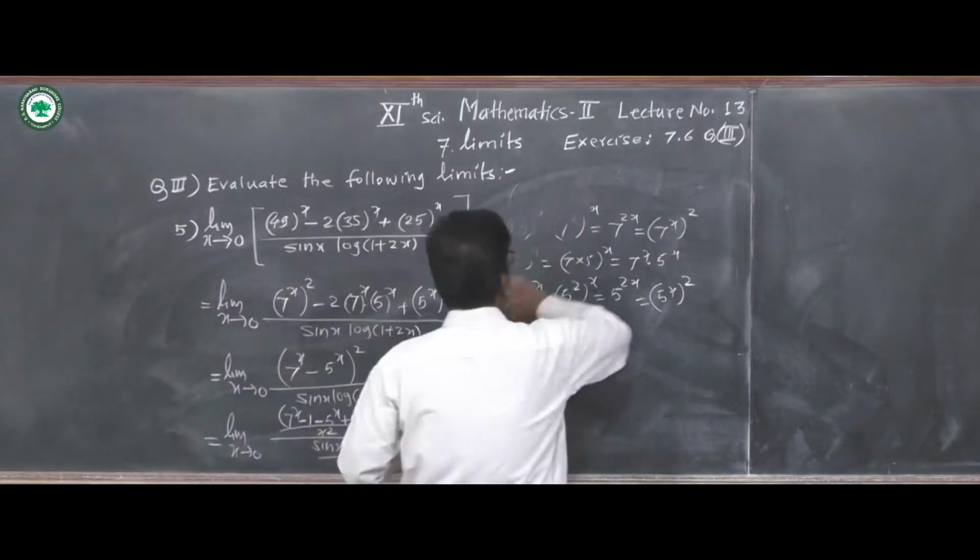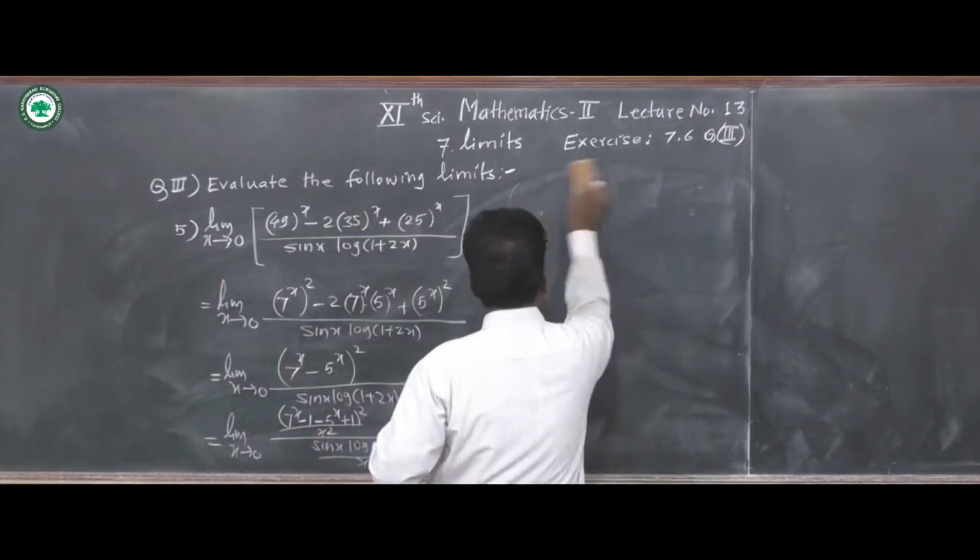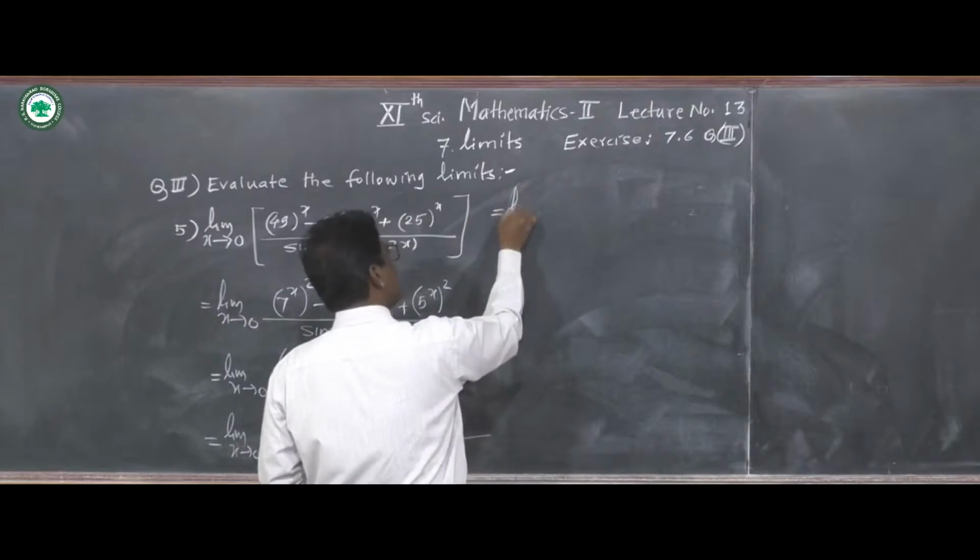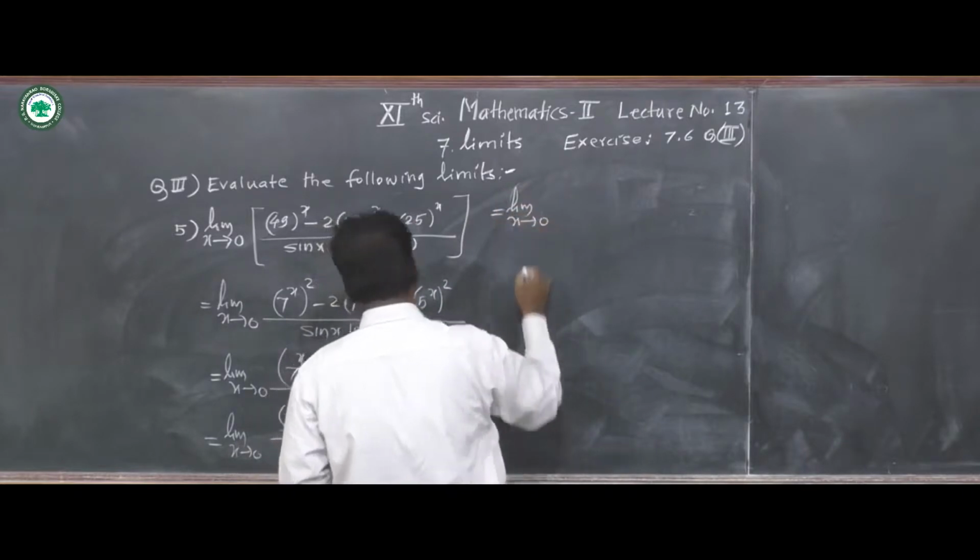So limit as x tends to 0, it is equal to limit as x tends to 0.